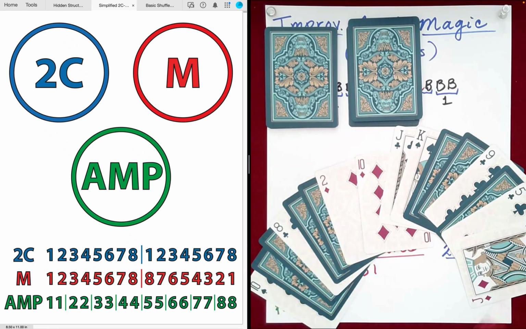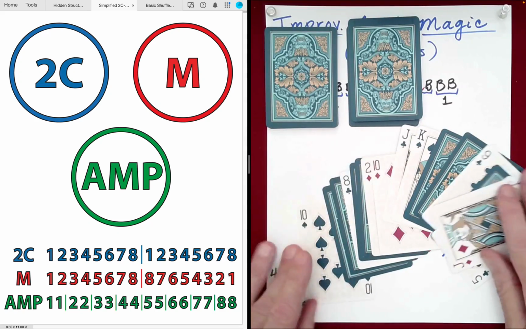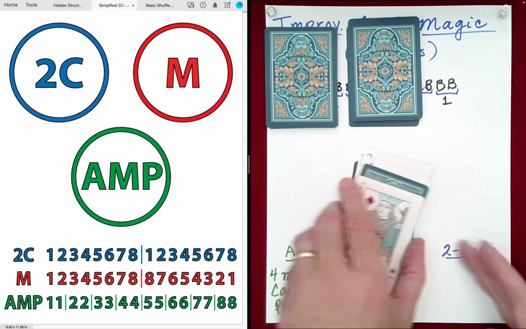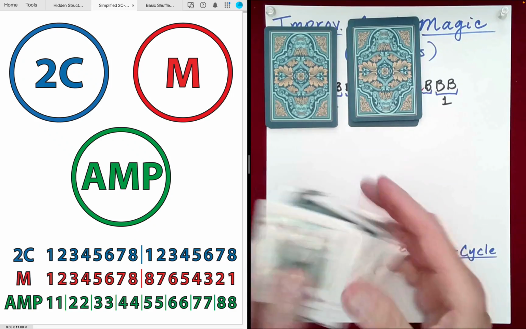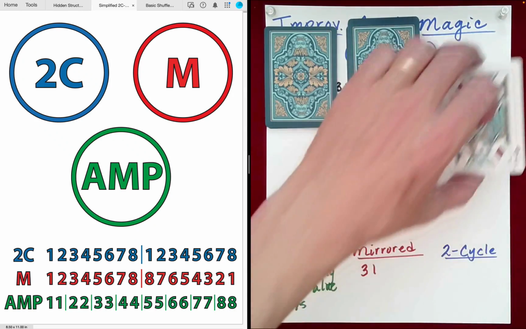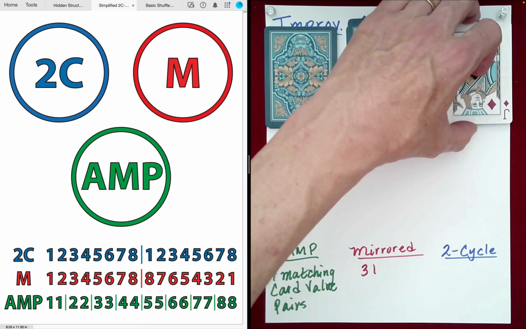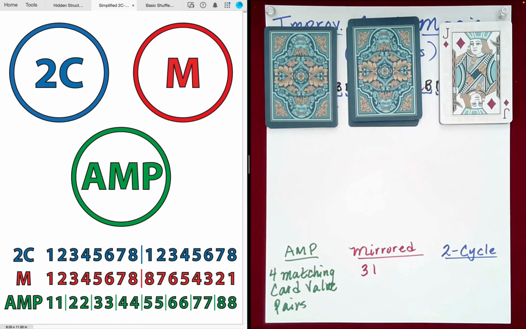So if we were to just remember the number 32, and just know that we're associating the tens place with how many up-facing pairs of cards there are, and the ones place with how many down-facing pairs of cards there are, that would be a way to go. So it's 32, I believe, okay, for that.